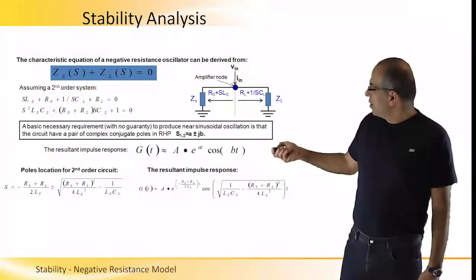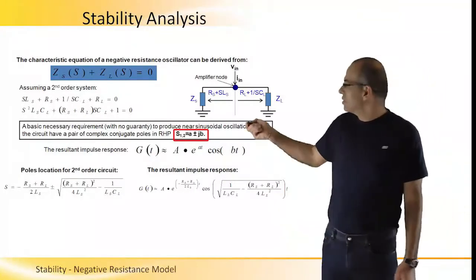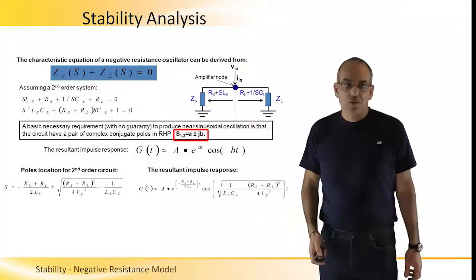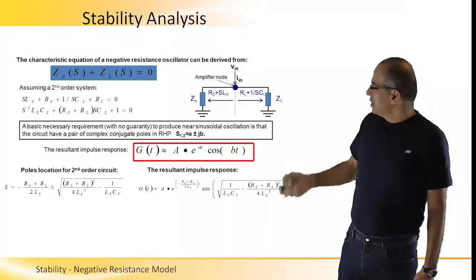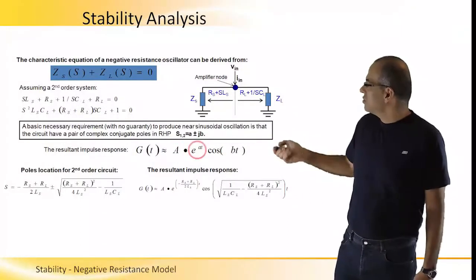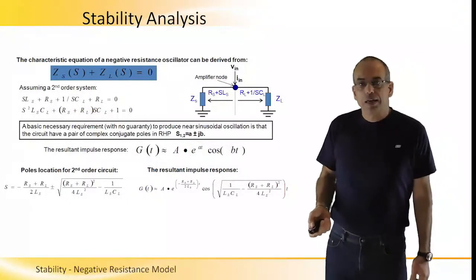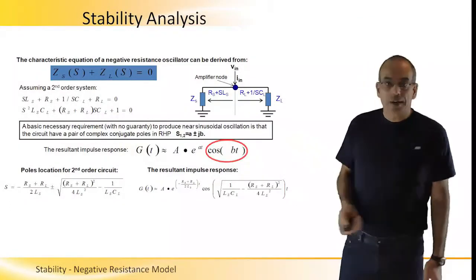If we have a pair of complex poles, such as A plus minus JB, the resultant impulse response g(t) would be a constant times e to the power of AT multiplied by a periodic cosine.